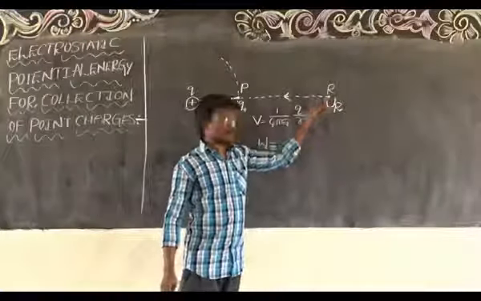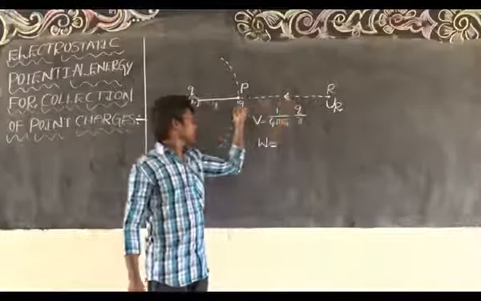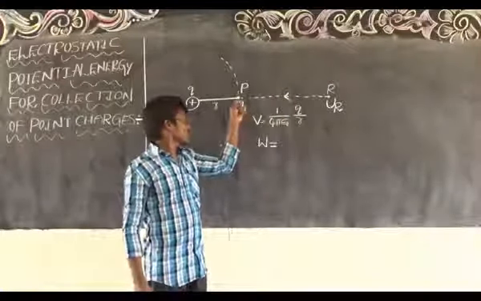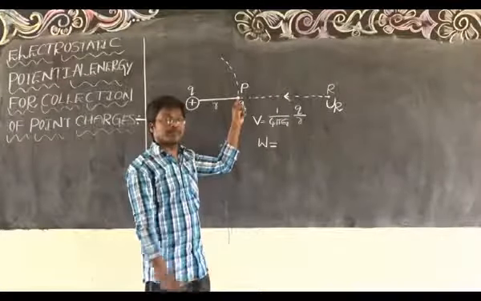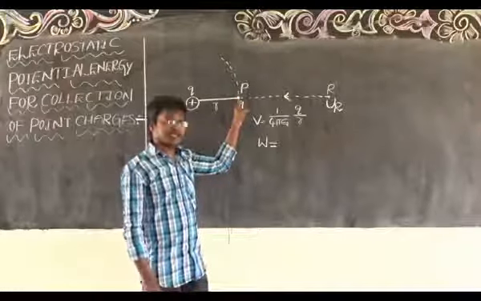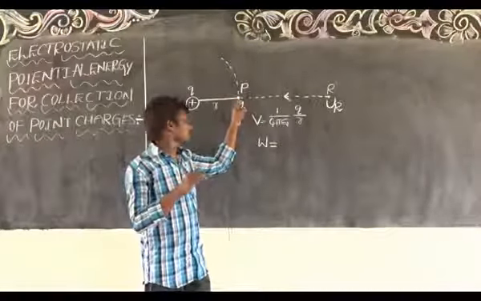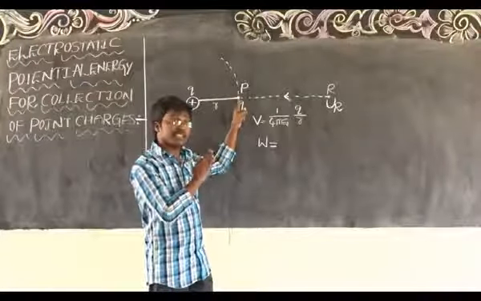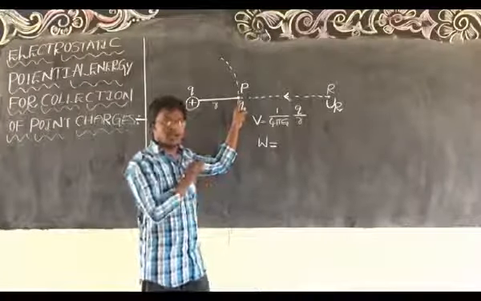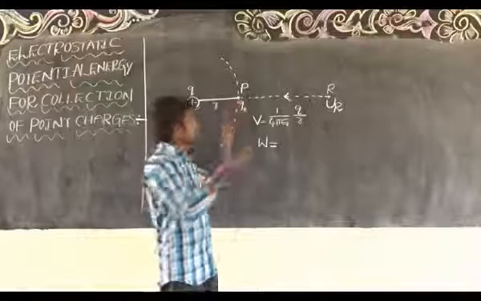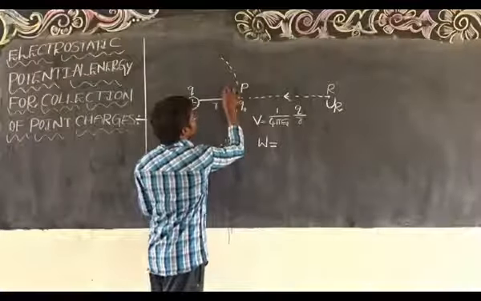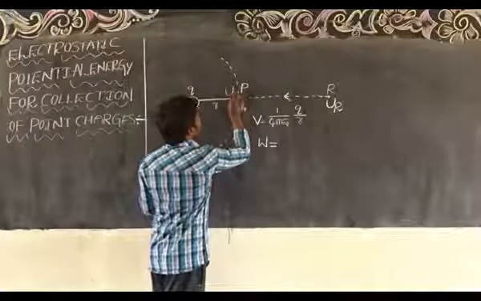Now the test charge is moving and finally reaches point P, where it stops. Here also the charge is at rest, so it has potential energy only. We indicate this as UP.